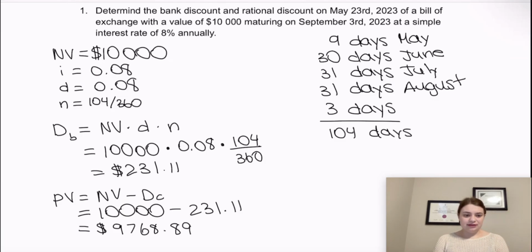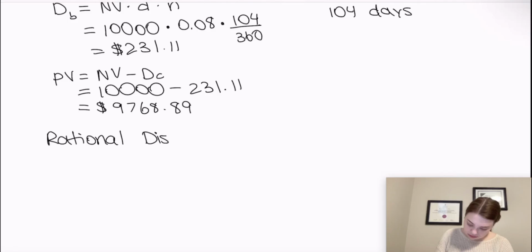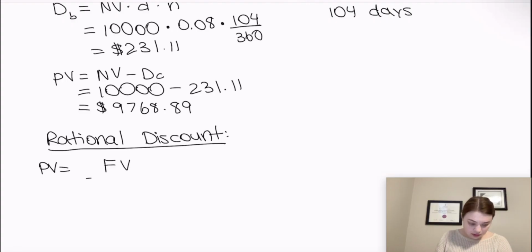Next, we're going to find the rational discount. So basically, what we first need to do is we need to say, well, we know that the present value for the rational discount is going to be equal to the future value over 1 plus I times n.